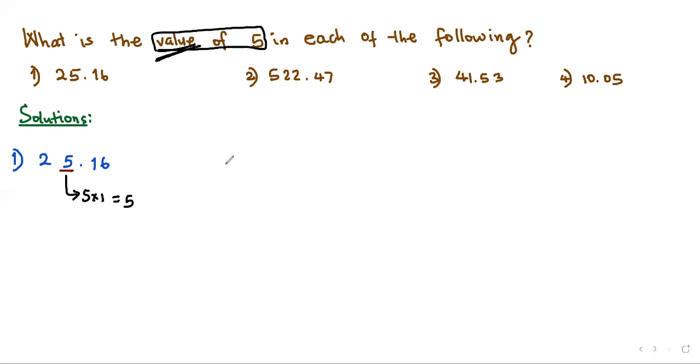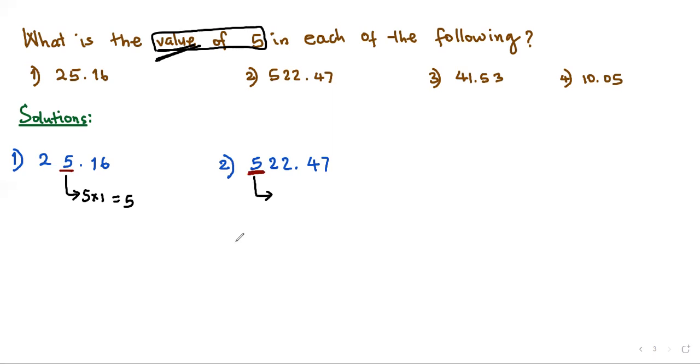Okay. We go to number 2. We have 522.47. This time our 5 is written here. What is the value of 5 in this number? Again, please. 500.